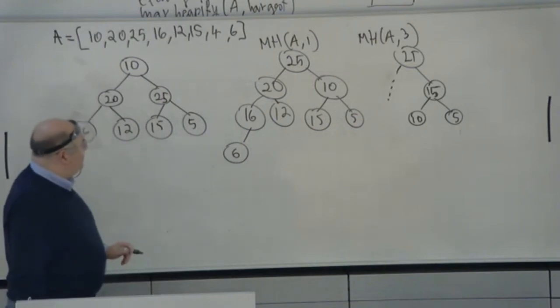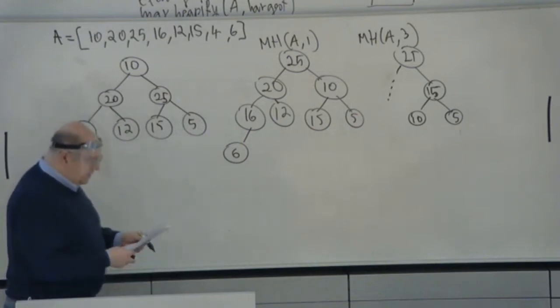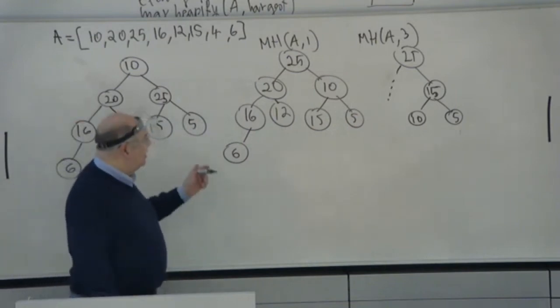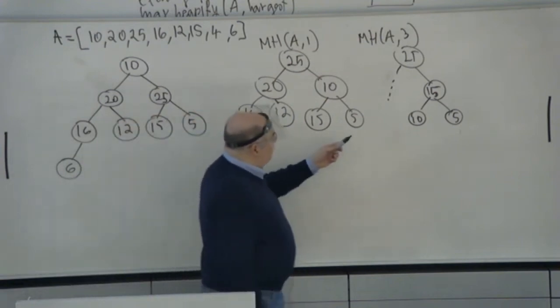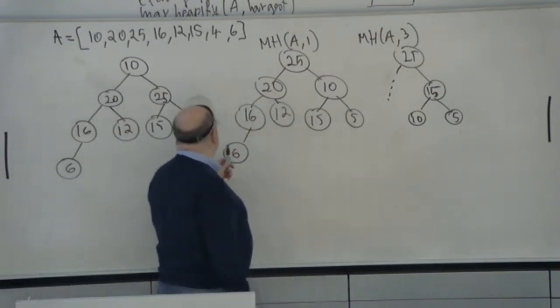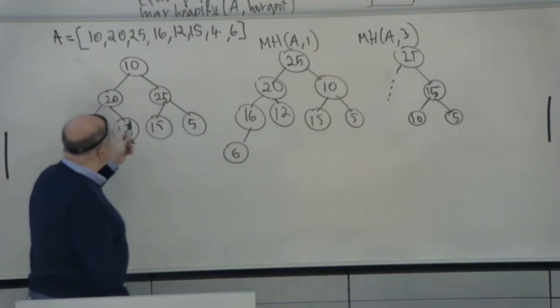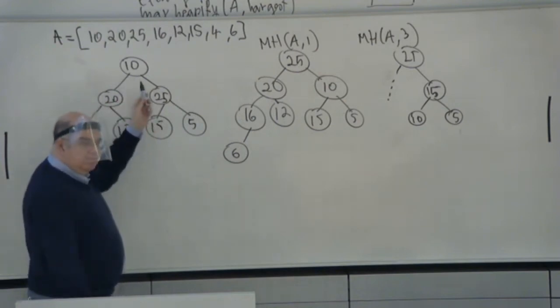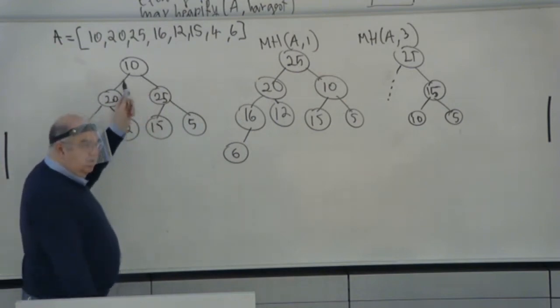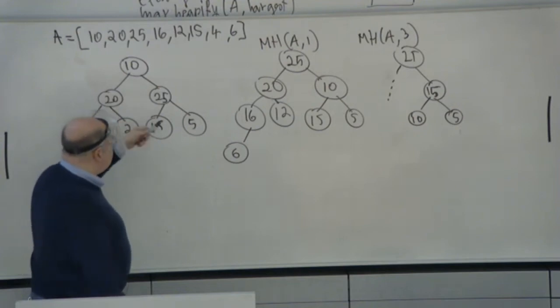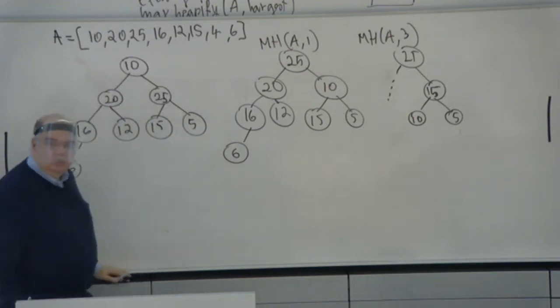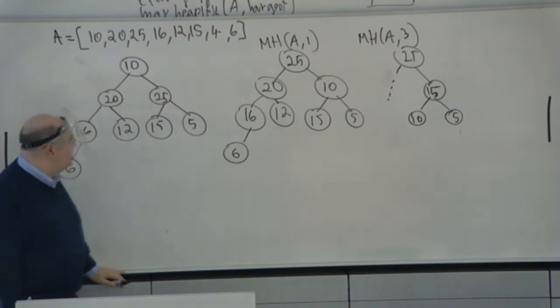Okay, so what is the time required for performing these operations? Well, you have a constant time operation, which is the comparison between the three numbers: the root of the subtree and the two roots of the left subtree and the right subtree.